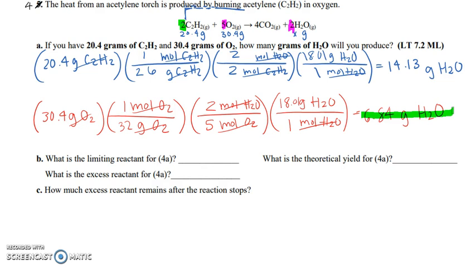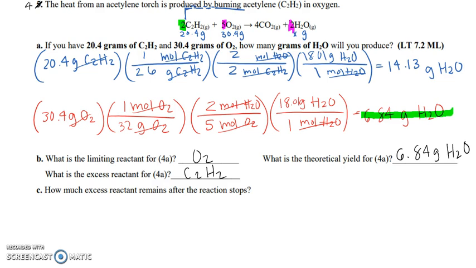That means that my limiting reactant is the reactant that controlled that, which is O2. That means that my excess reactant is C2H2, and my theoretical yield is the amount that I calculated I could make, which is the lowest value, which is 6.84 grams of H2O.